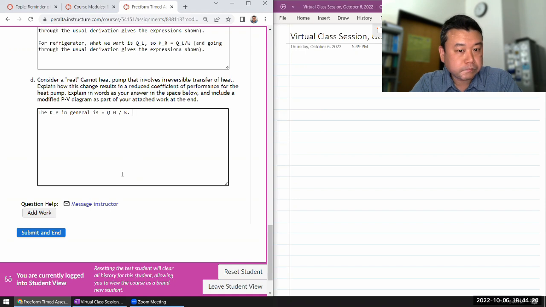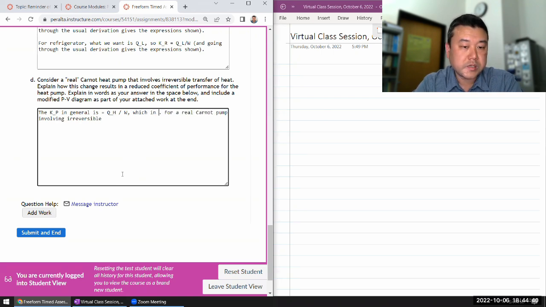For a reversible Carnot heat pump, this is equal to QH over QH minus QL.